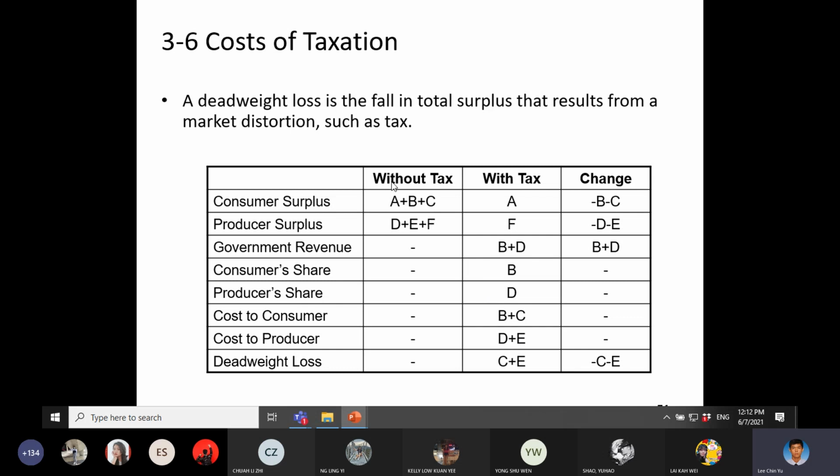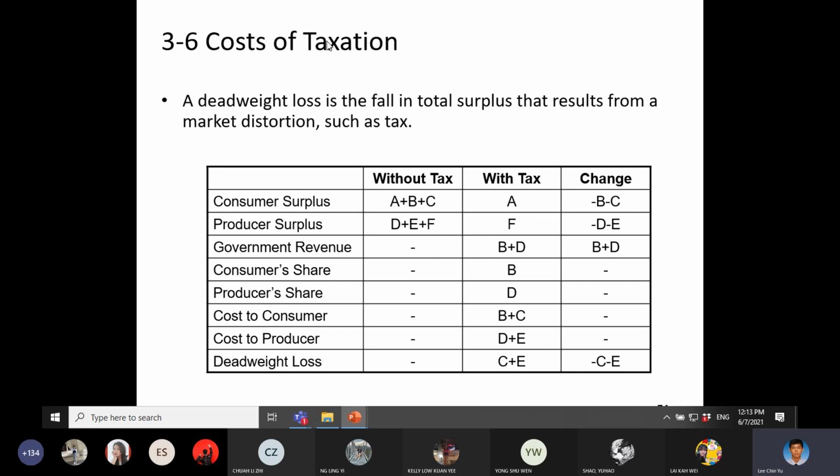Without the tax, this is the consumer surplus and this is the producer surplus. After the tax, the consumer surplus becomes A only and the producer surplus becomes F. So the cost for the consumer is B plus C, and the cost to the producer is D plus E.